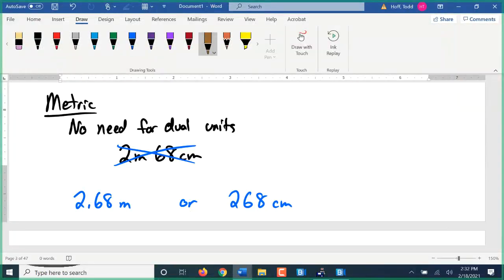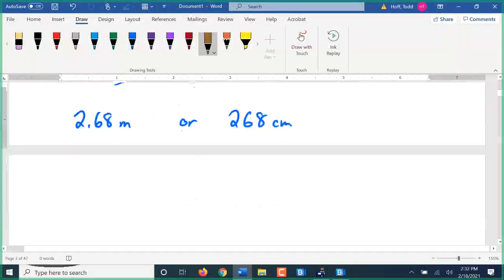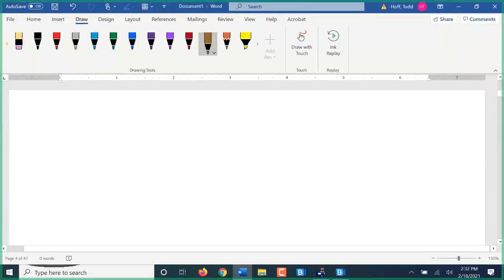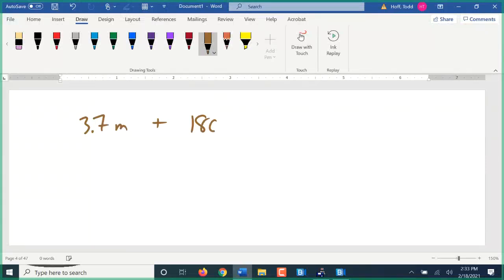Because of that, when we go to do operations in the metric system, all we have to do is make sure that the two numbers we're adding have the same units. If I have 3.7 meters plus 180 centimeters, I either have to turn this one into centimeters or this one into meters.